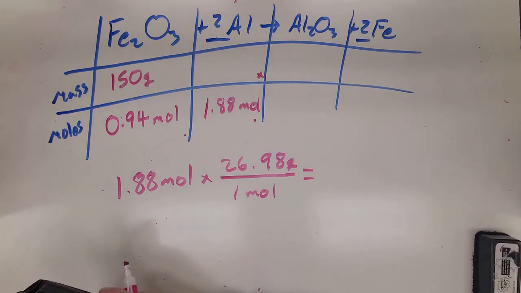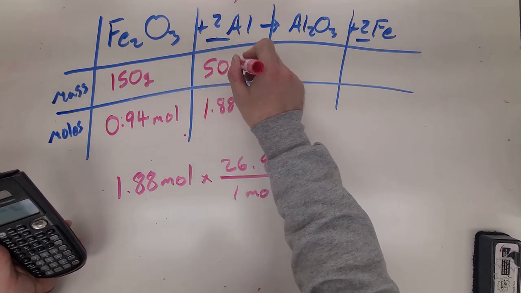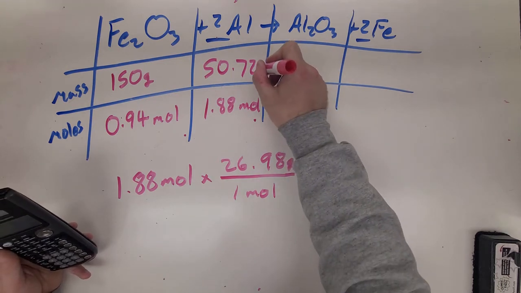And that would get us about 50 grams of aluminum.